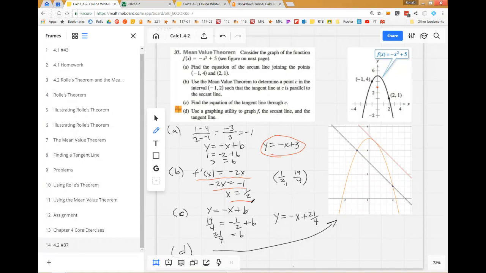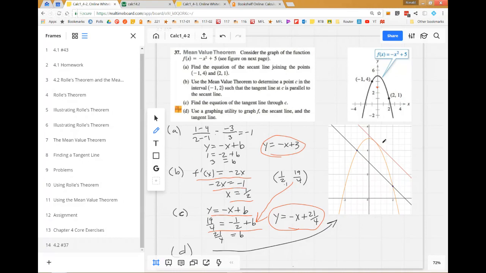Part C, what's the equation of that tangent line? All right, well, we know that the slope is -1, so that I wrote down. We also can plug in this point: y is 19/4, x is 1/2, and we can find the equation.